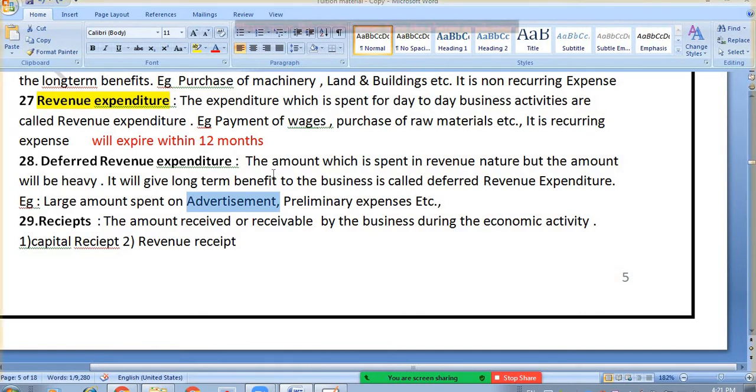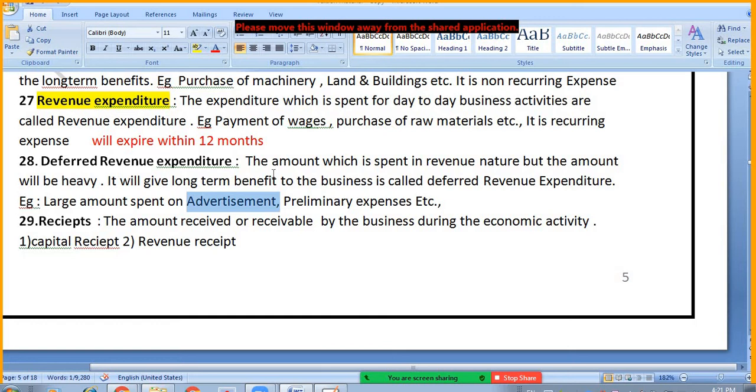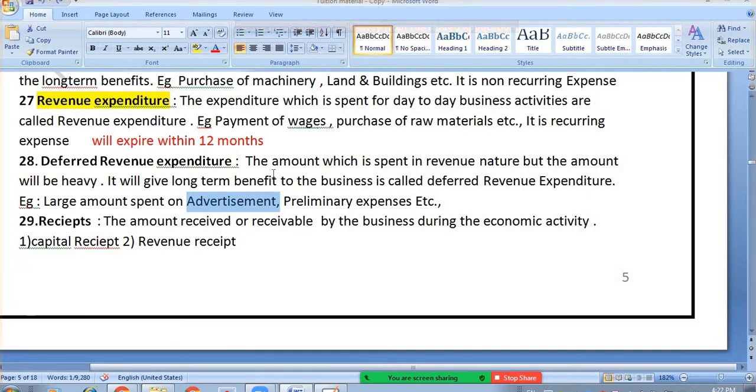What happens here, in case this type of expenditure is shown in a single period in the profit and loss account as an expense, then definitely this will lead to a loss on the business. So let us see what the business will do for this type of expenditure.